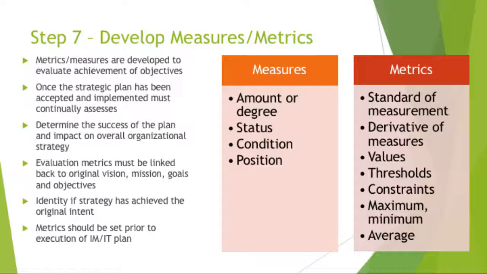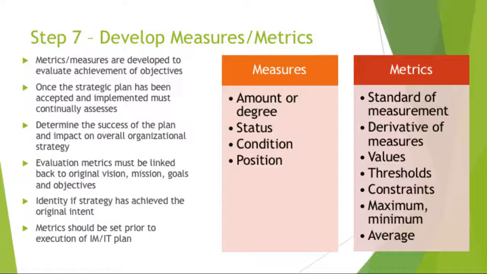Metrics and measures are developed to evaluate the achievement of objectives. Once the strategic plan has been accepted and implemented, it must continually be assessed in order to determine if the IMIT plan was successful and what the impact was to the overall organizational strategy. Measures represent information used to establish a common understanding of status, condition, or position of something.